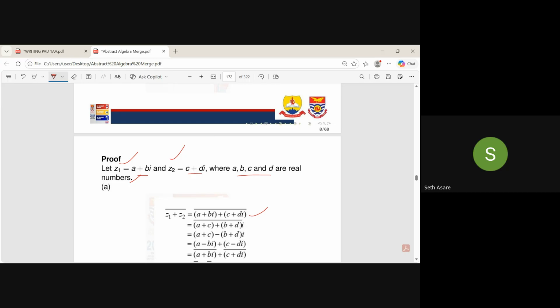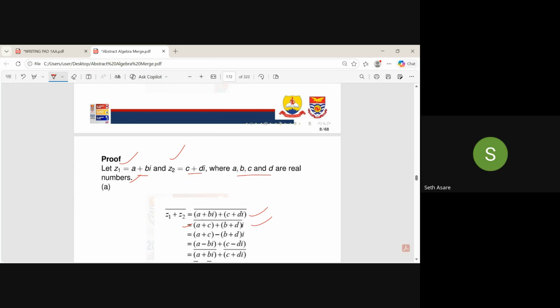When we are adding, we add the real part to the real part and the imaginary part to the imaginary part. So the real part will be a plus c, plus the imaginary part, b plus d, times i. Remember, there is a bar on top. We say we need their conjugate.